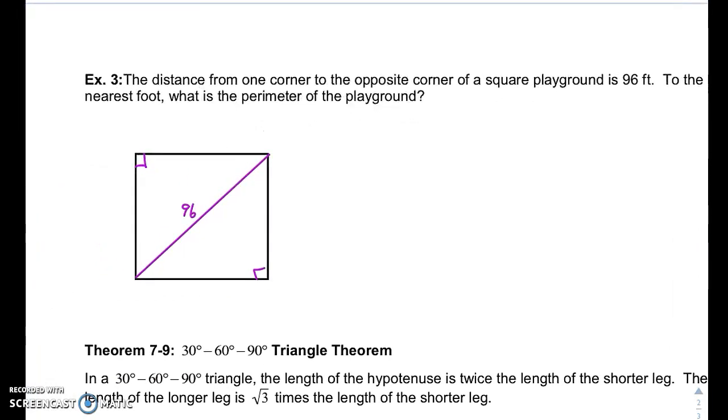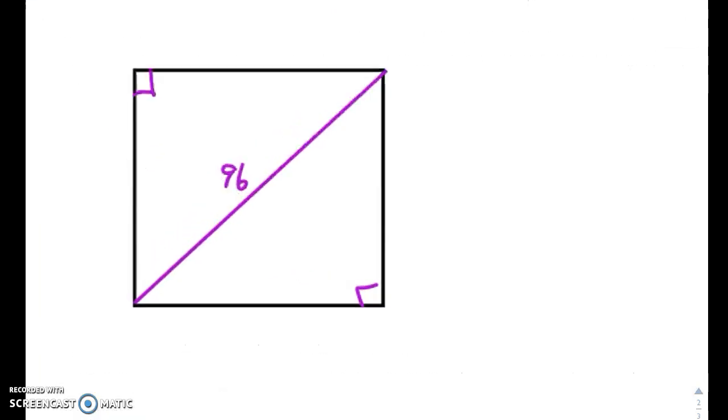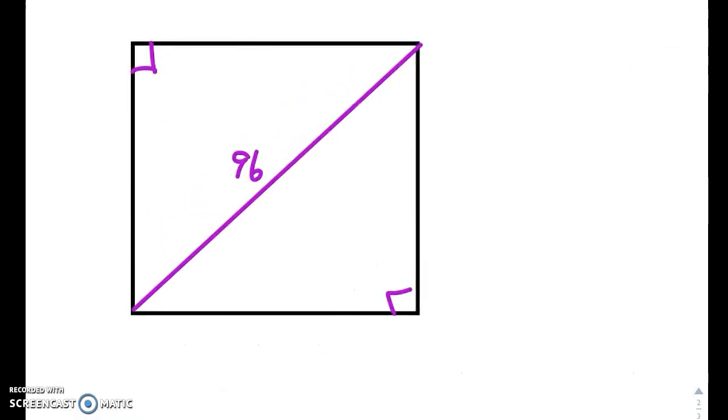To the nearest foot, what is the perimeter? If this is a square, all the sides are the same, so you have two isosceles triangles that make a square. That means these angles in here are 45. So once again, we have 45, 45, 90.